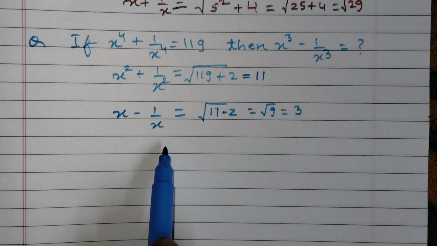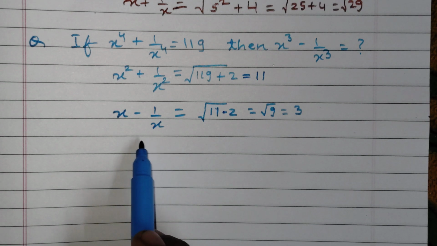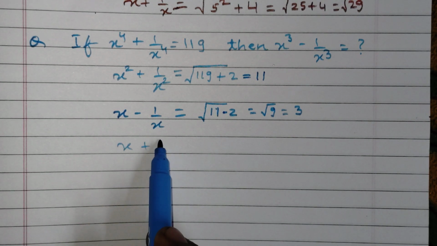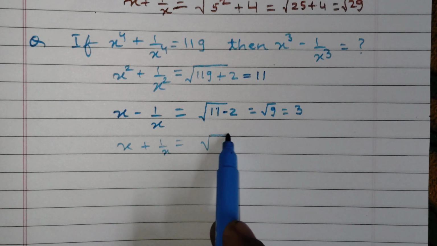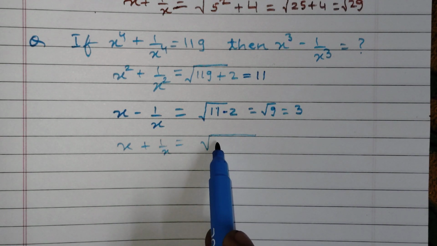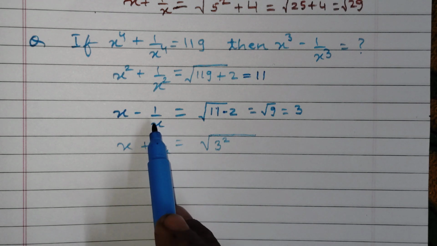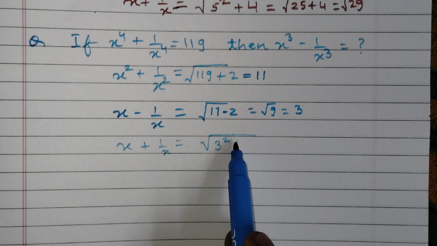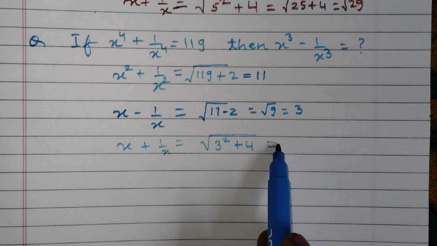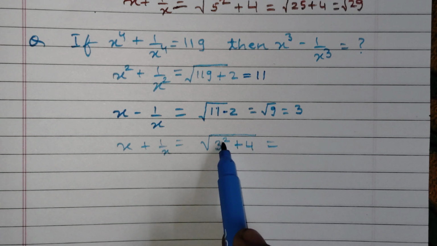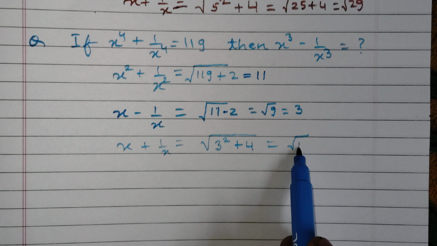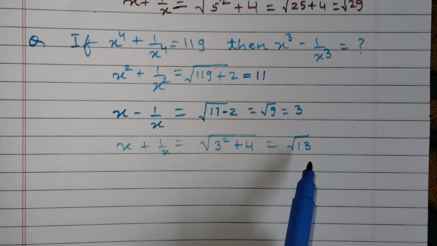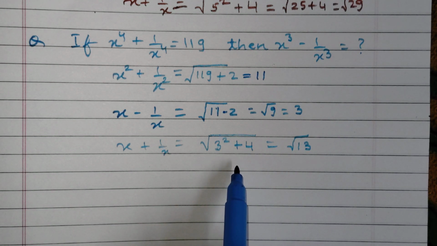So x minus 1 upon x is 3. Now we can find x plus 1 upon x by squaring this number, then the opposite sign, then plus 4. So square root of 3 square plus 4. 3 square is 9 plus 4 is 13. So square root 13 is the answer for this x plus 1 upon x.